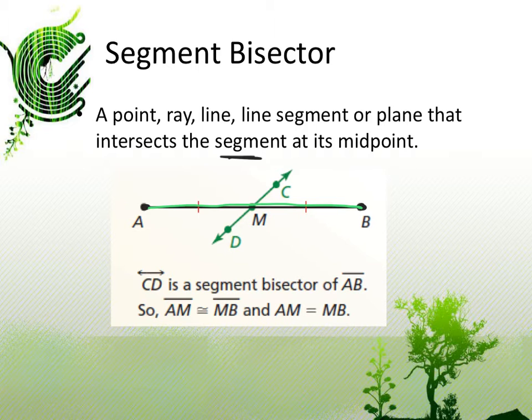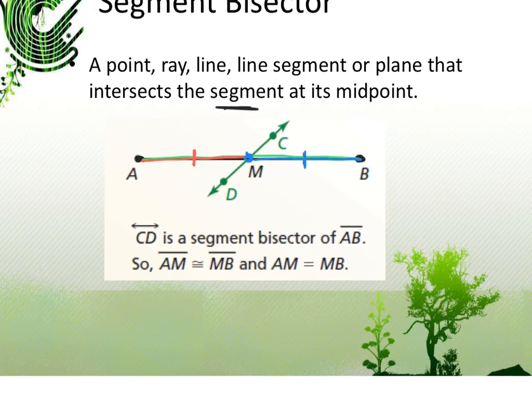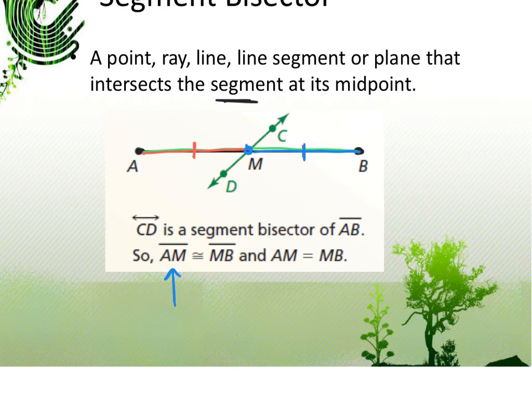Because AB was bisected, I now know that this segment here, AM, is going to be equal or congruent to MB, because a bisector will hit it at its midpoint and make it into two congruent pieces. So you can either state that AM is congruent to MB, or you could also say AM equals MB.